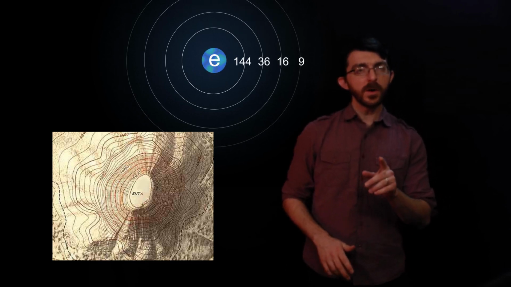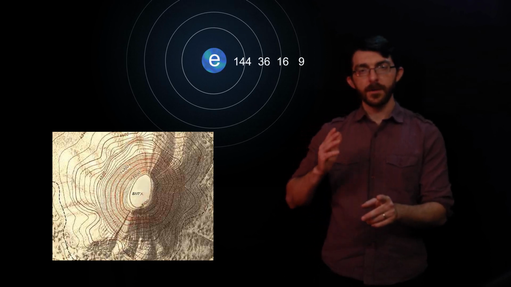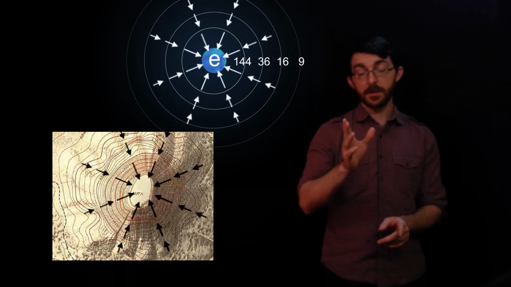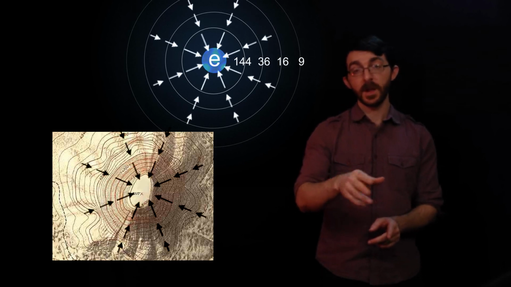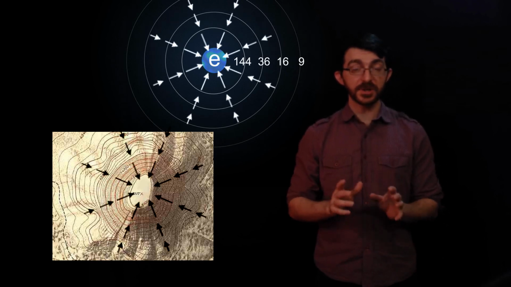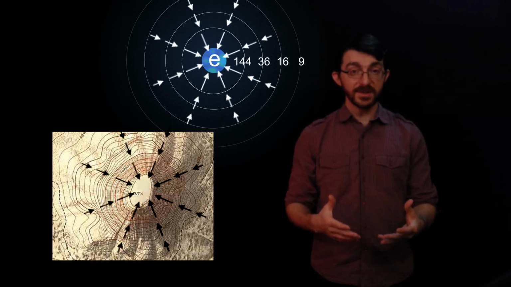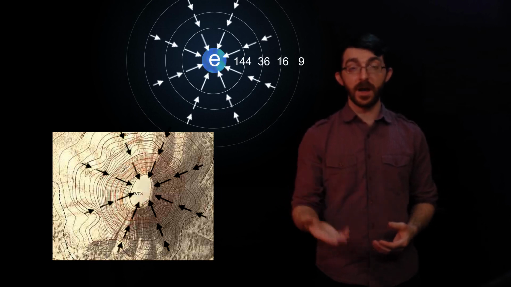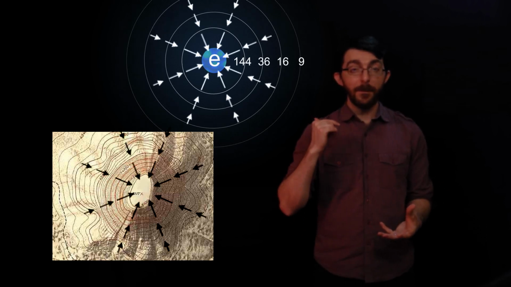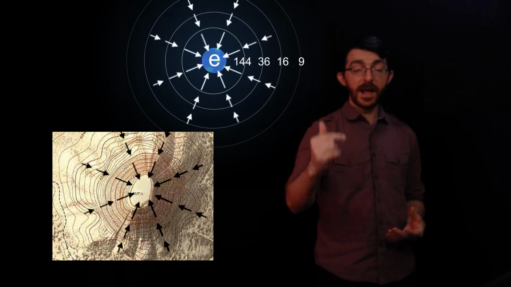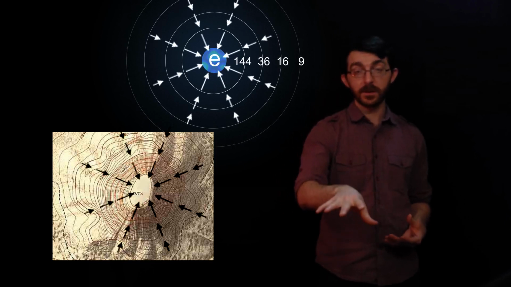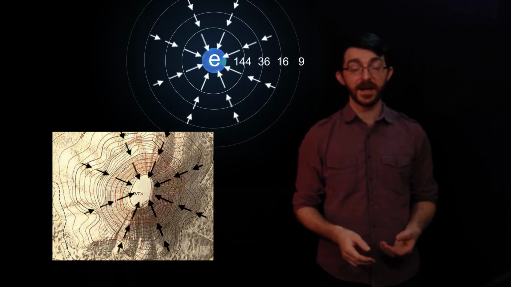But what if you were to draw lines that follow paths in which the electrical field is changing in a predictable fashion? That is what you're looking at when you look at a map of an electrical field with lines on it, when you're looking at electric field lines. These electric field lines are just the path along which the electric energy is decreasing according to that inverse square law in that predictable mathematical fashion.